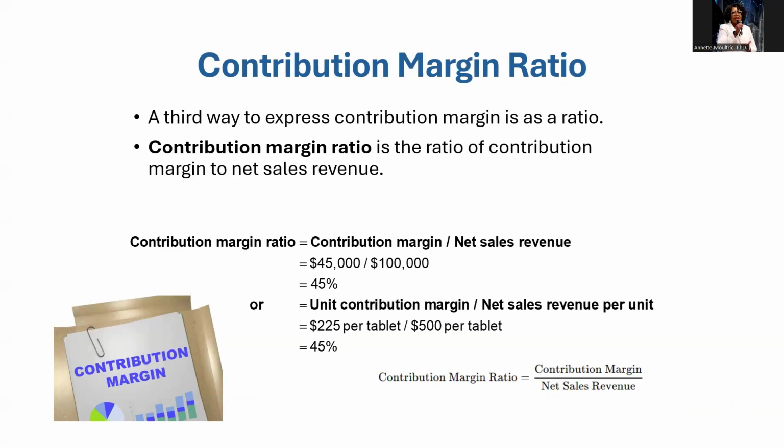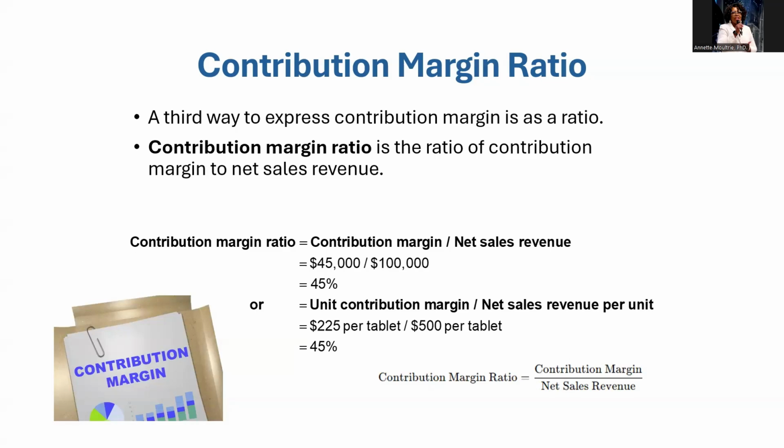Another way to express contribution margin is as a ratio. The contribution margin ratio represents the proportion of net sales revenue that contributes to covering the fixed costs and also generating profit. So it is calculated as you see here on the screen.